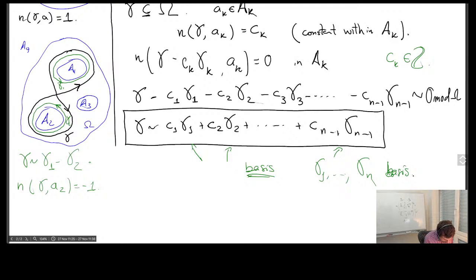And now I can start asking questions: how many curves are there in the basis? How big is the basis, and so on. I can use theorems in linear algebra and algebra to say that the basis is always of the same size.